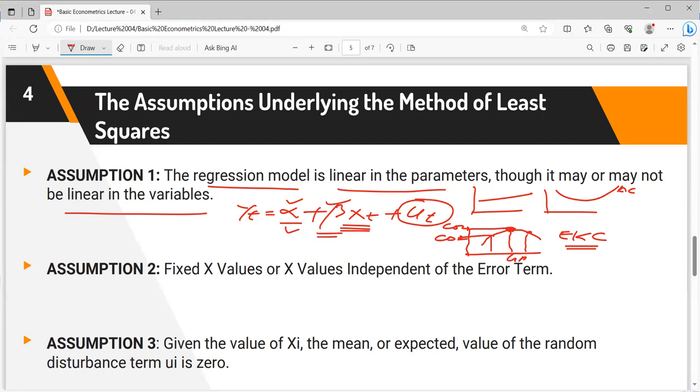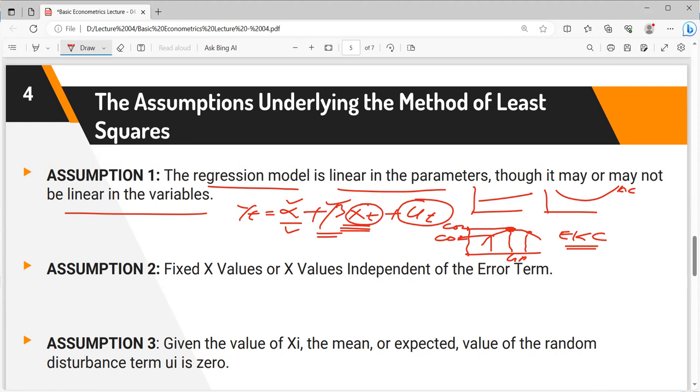They will never be non-linear. X may be non-linear, but alpha and beta will be linear.